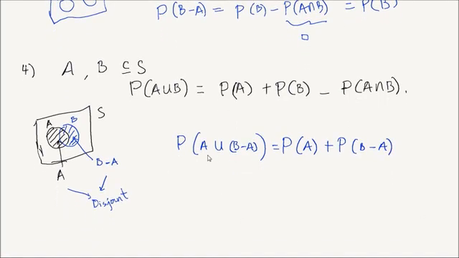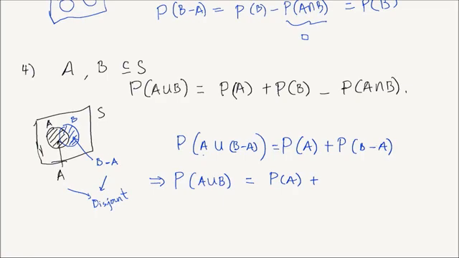But what is A union B minus A? A, the entire region in black, union the blue shaded region, is equal to A union B. So the probability of A union B is equal to P of A plus P of B minus A.